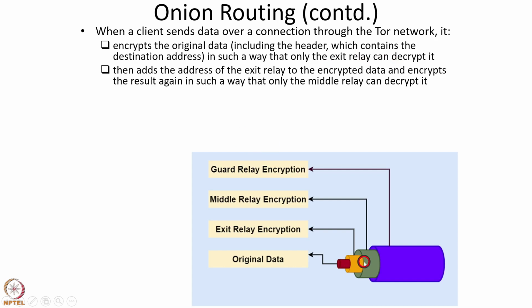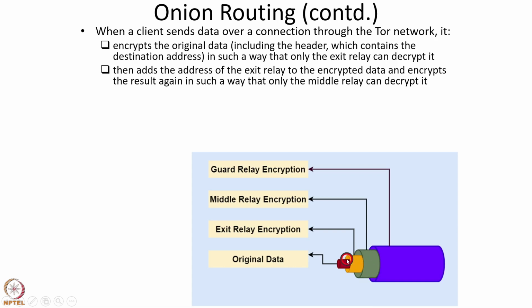Then after this exit relay encryption, the client adds the address of the exit relay to the encrypted data and then encrypts the result again such that only the middle relay can decrypt it. So that second encryption is shown over here. So this is the middle relay encryption.